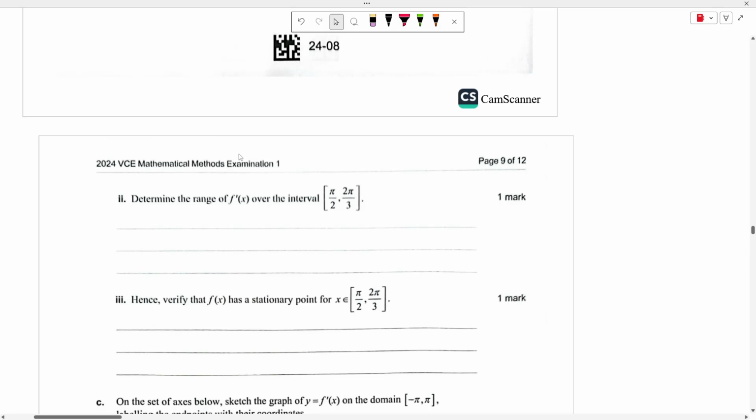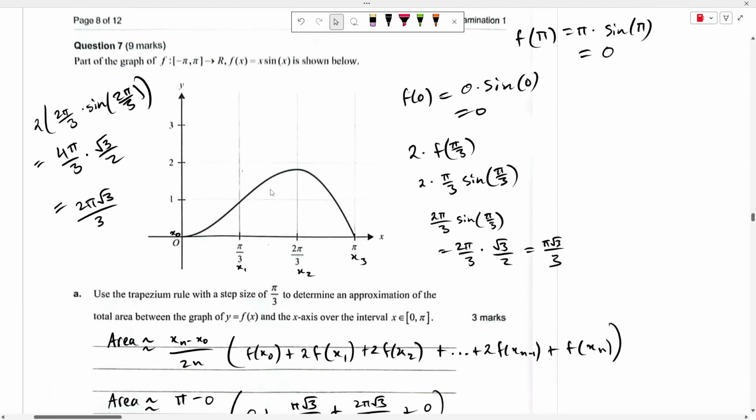Determine the range of f dash of x over the interval pi on 2 to 2 pi on 3. So you can see pi on 2 would probably be somewhere around here. We look at the gradient at pi on 2. We should have some sort of positive gradient at pi on 2.